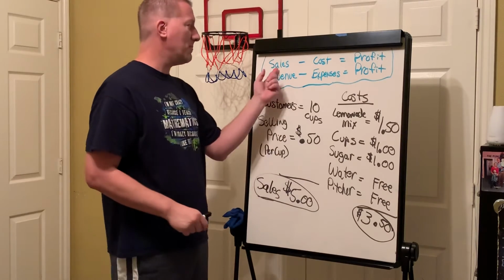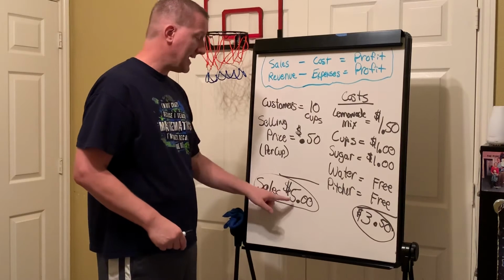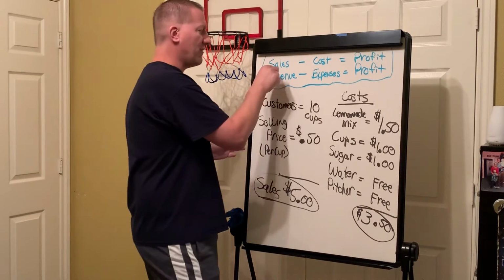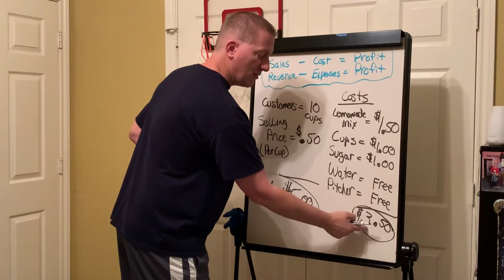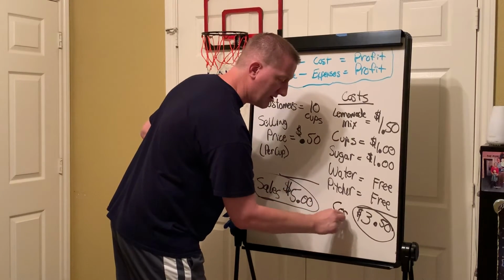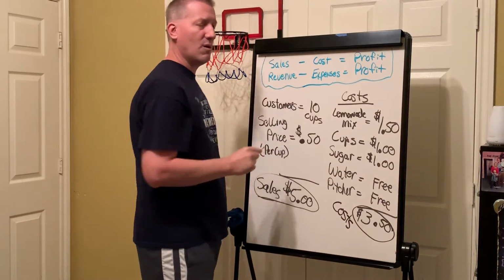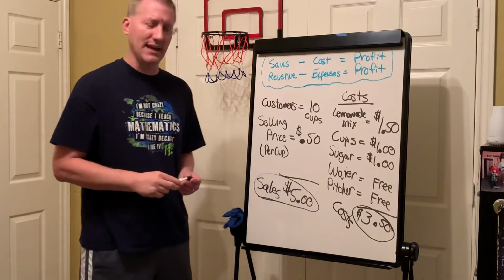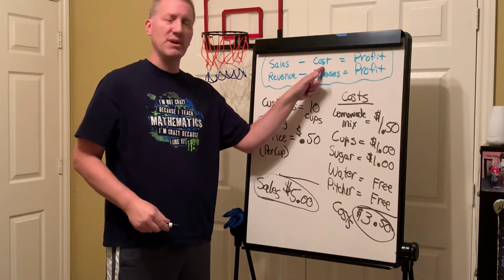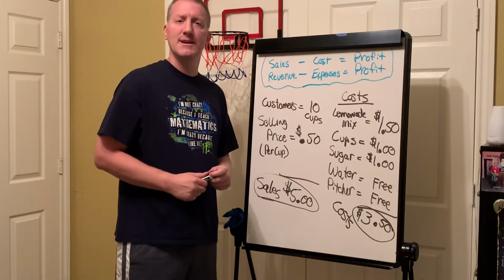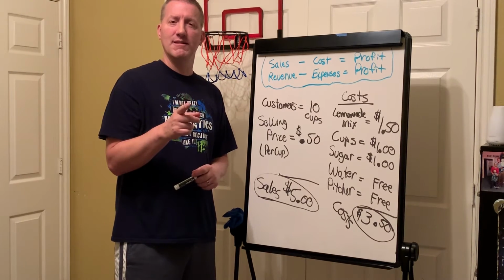If you go back and put that into the formula, your sales were $5. Don't forget about your costs down here. Your costs were $3.50. So how much would your profit be? If your sales were $5 and your costs were $3.50, figure that out.